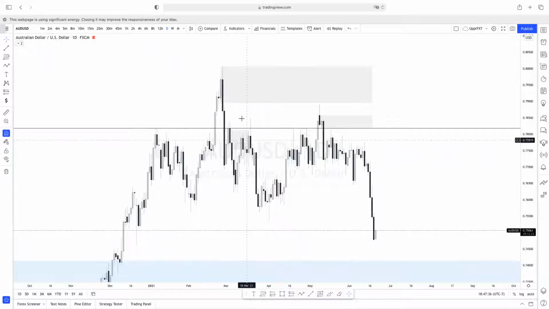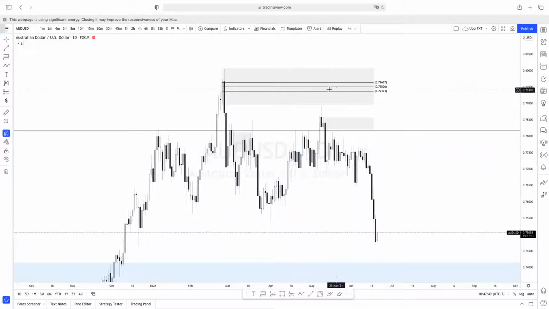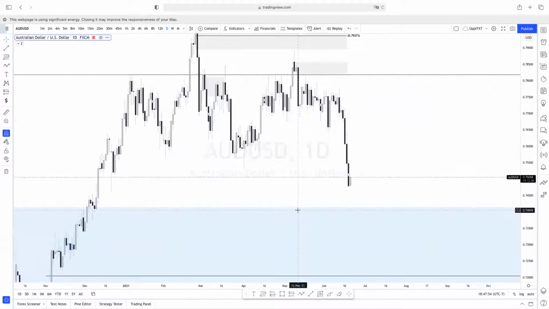It was left unmitigated on a higher time frame. So something like that. It still hasn't been mitigated yet. So that's something I'll be looking for if price was to come up here for sells.